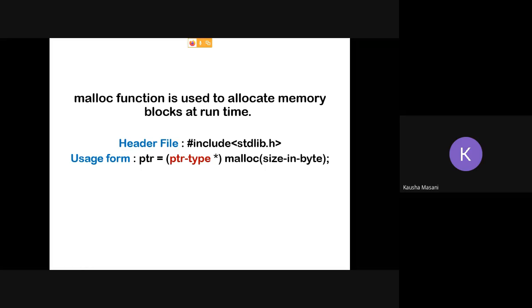That pointer is to be typecasted first, because malloc returns a pointer to the reserved memory block, and the pointer type of that is void. So we are typecasting it with ptr type star, whatever the pointer type is where you are storing it. That's why ptr type star is in front, and we are storing the value in a pointer type variable again.